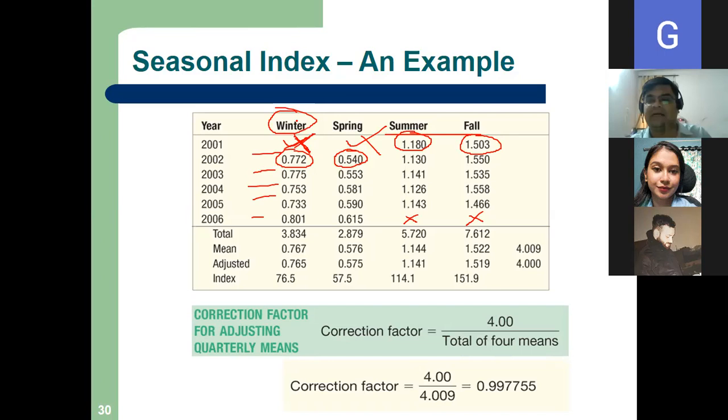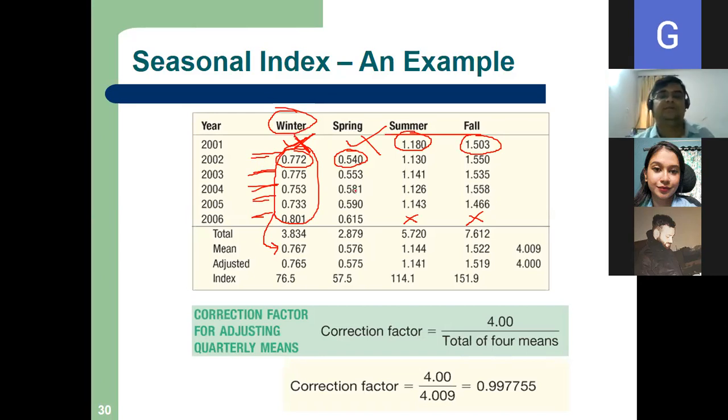We have to generate only one index for winter. Are you getting me? Yes or not? And I have 5, 1, 2, 3, 4, 5. So these are my 5. So I will take the mean of this 5, that is 0.767.